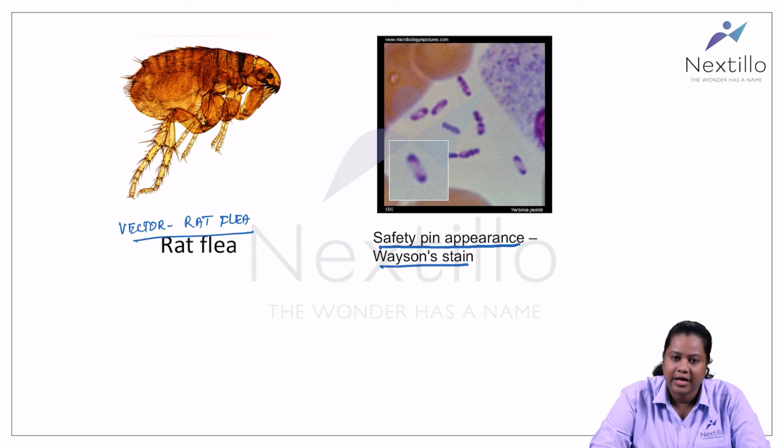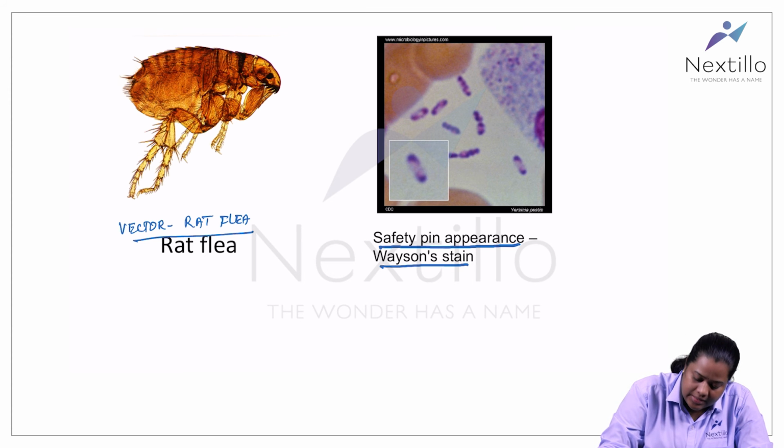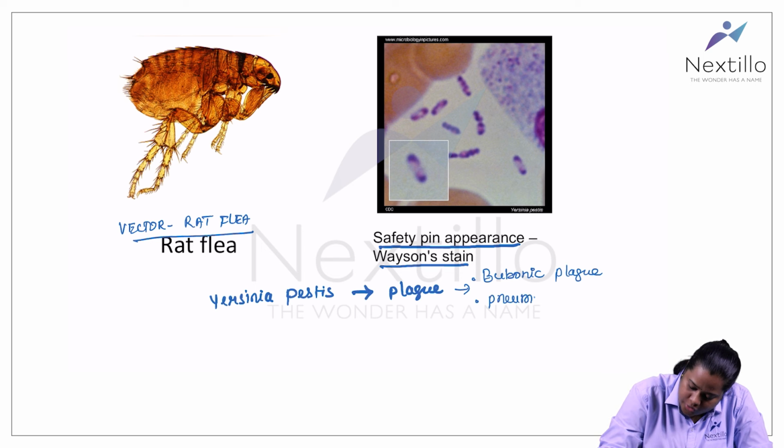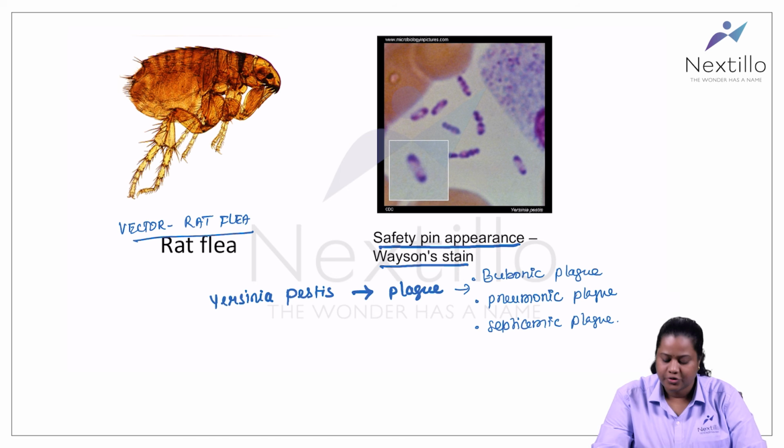So this is basically a rat flea, and when you see a bipolar staining bacteria, then it is definitely Yersinia pestis. So this is nothing but plague. The plague can be bubonic, pneumonic, or septicemic.